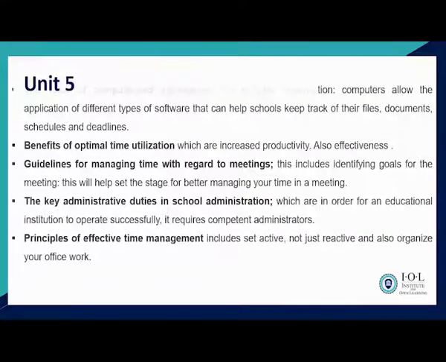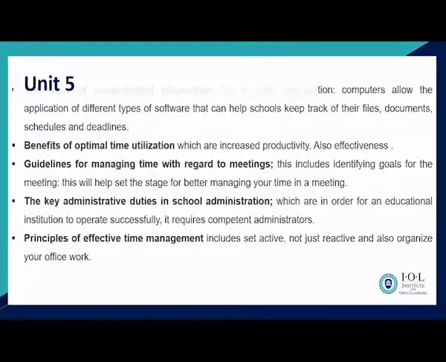We move to Unit 5. Unit 5, we start with the use of computerized information. This includes organization. Computers allow the application of different types of software that can help schools keep track of their files, documents, schedules, and deadlines.